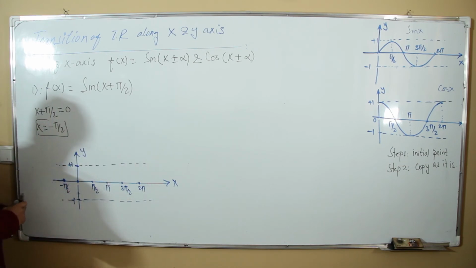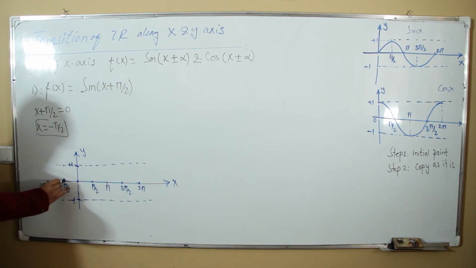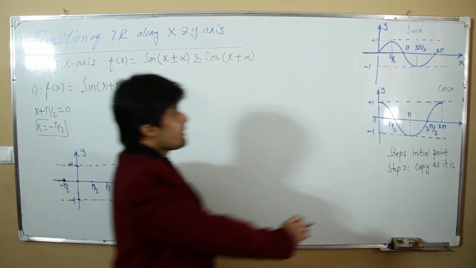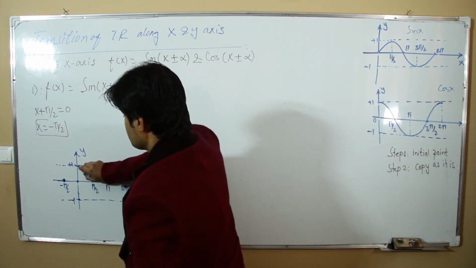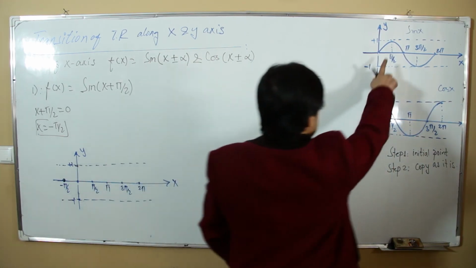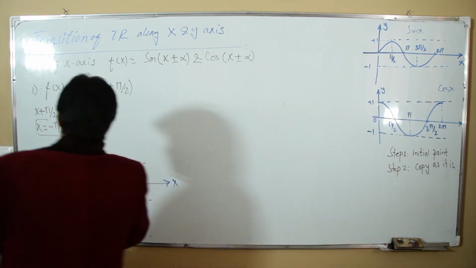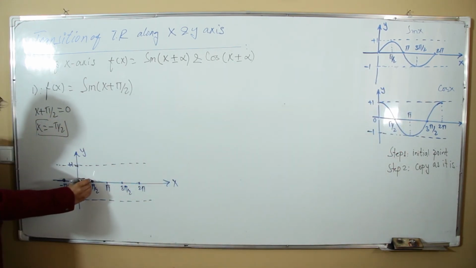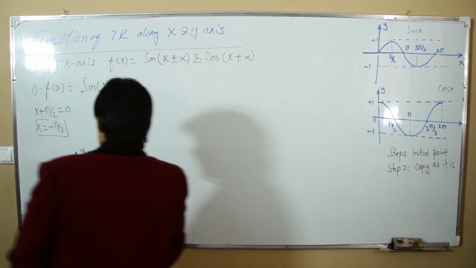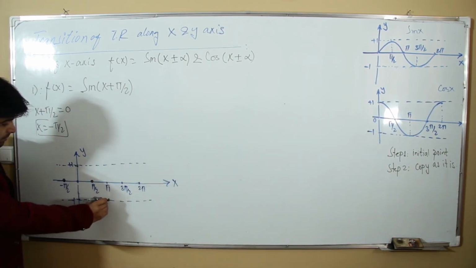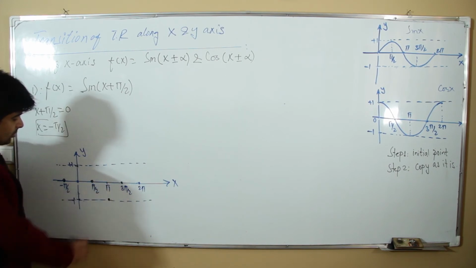This is our first point. Now the second point is maximum. The next point, it crosses, so it should cross from here. The next point is our minimum, and the next point, it crosses.